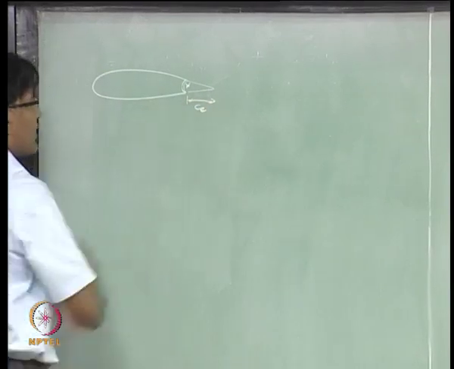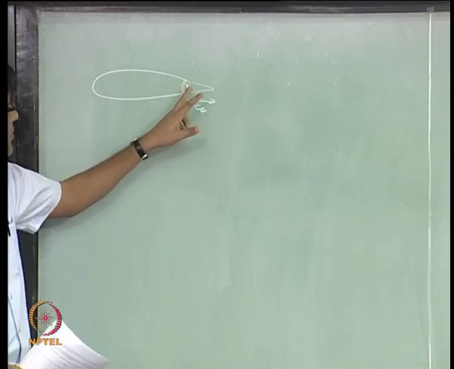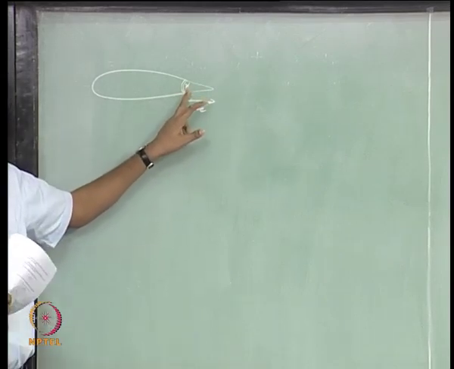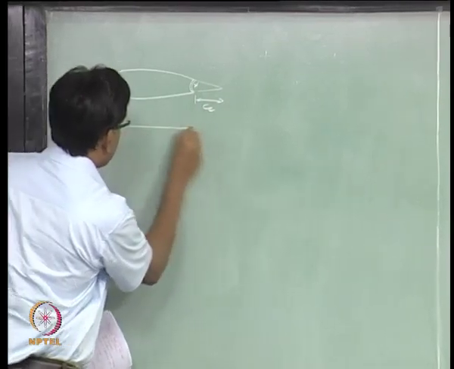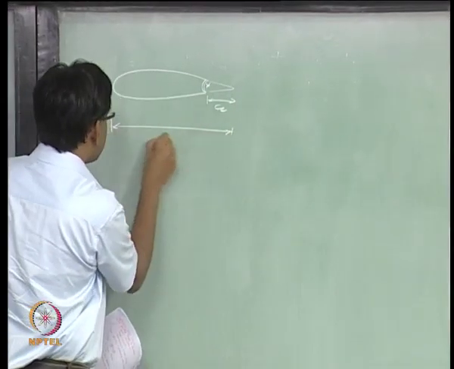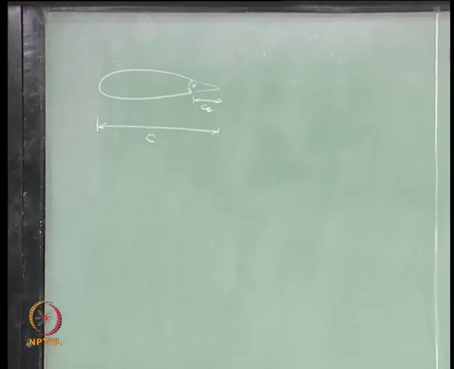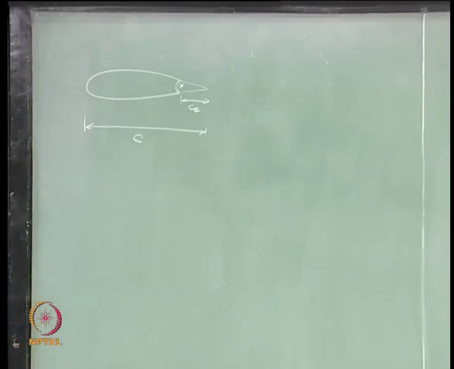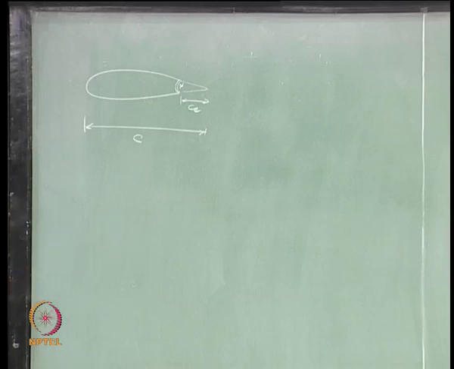So, let us say this is some chord length, okay, which is measured from the hinge line, okay, and this C is the chord length of this tail, or any surface, actually any control surface, right, because similar thing we will have to also repeat for rudder or aileron, right.